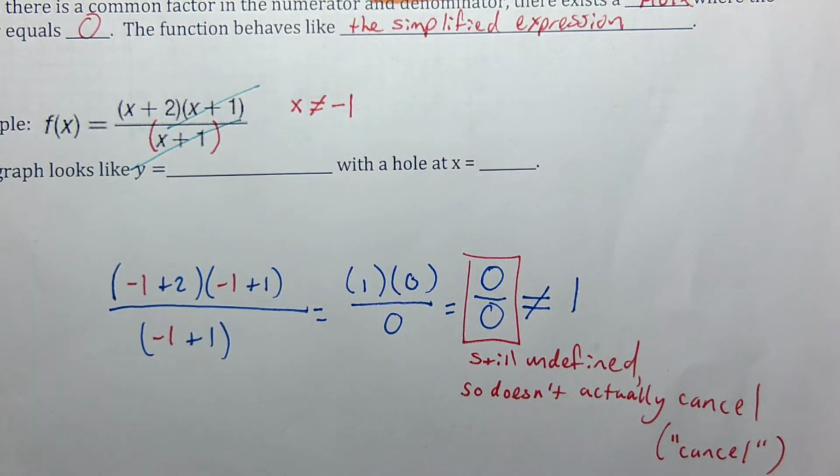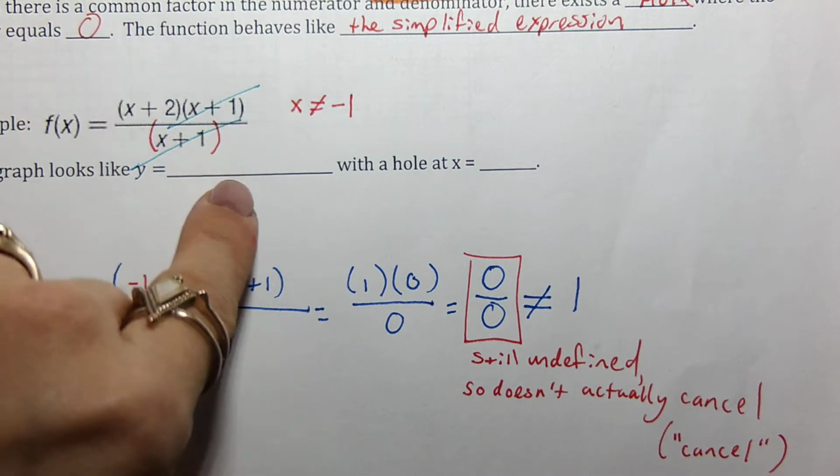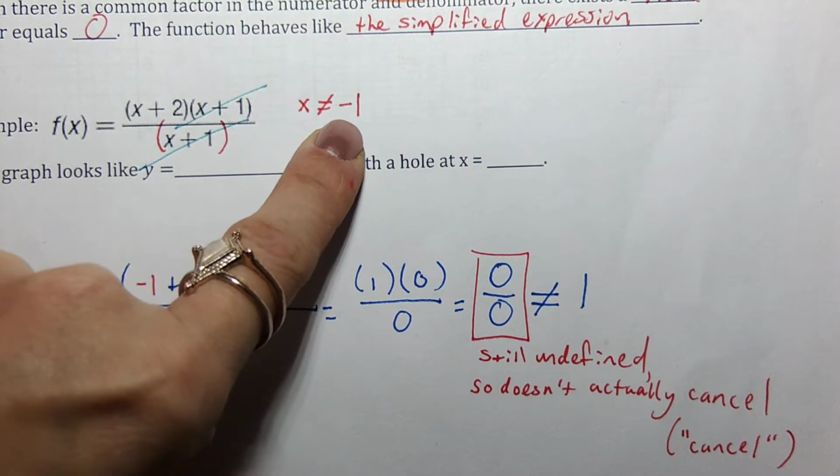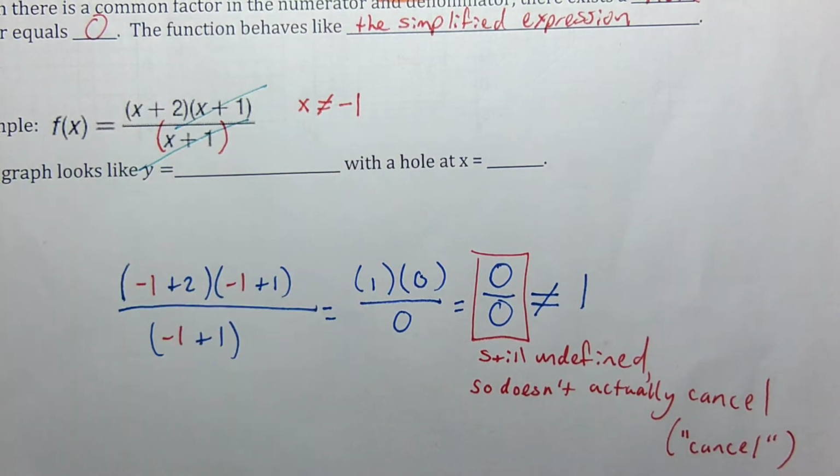When we are simplifying, it's all fine. But when we're thinking about x as an input and things that we can and cannot plug in here, if I'm trying to graph something on a coordinate plane, I'm not going to have a domain of all real numbers because that -1 is restricted. So we are going to say it cancels.